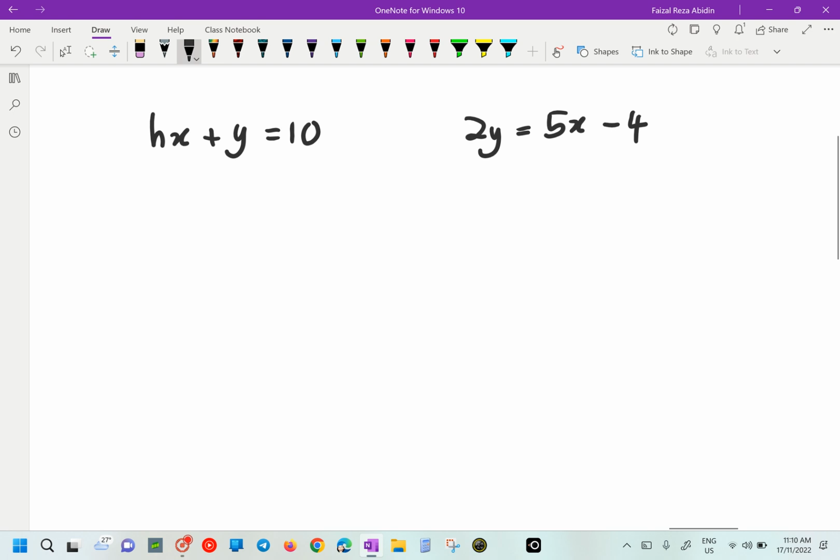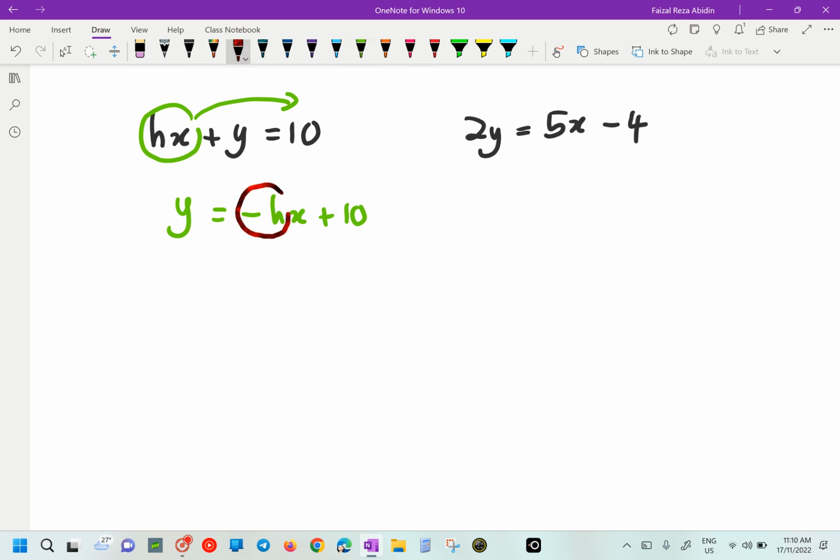Then we need to bring hx to the right. You are going to have y equals to negative hx plus 10. So your first gradient here is going to be negative h. How about the second equation?